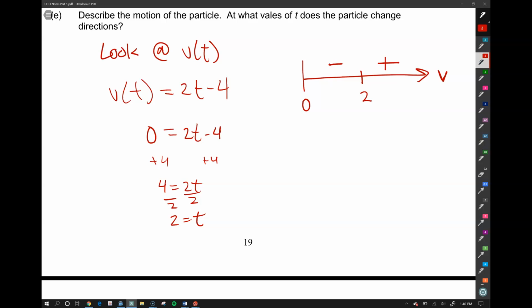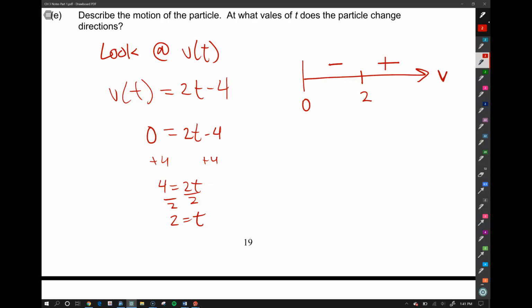How do you know that? So at 2 seconds, our velocity is 0. And we know at 4 seconds, our velocity is 4. If I plug in 1 for time, what's 2 minus 4? Negative, right? So it's negative. Any number between 0 and 2, if I plug it in, would give me a negative number. Oh, so you just plug them in your head to see that.